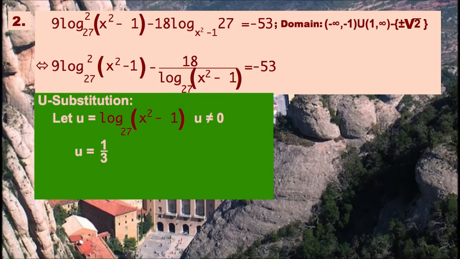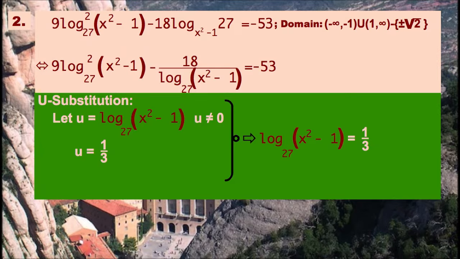So let's go and work with our one real solution, u equals 1/3. Substitute back in our u substitution. Thus, log base 27 of x squared minus 1 equals 1/3.